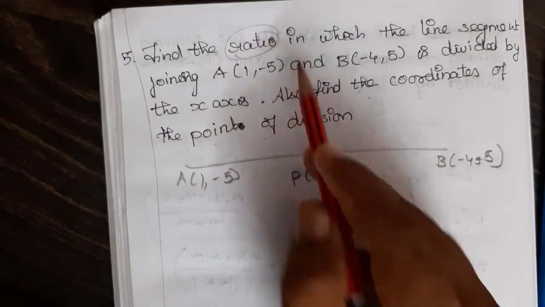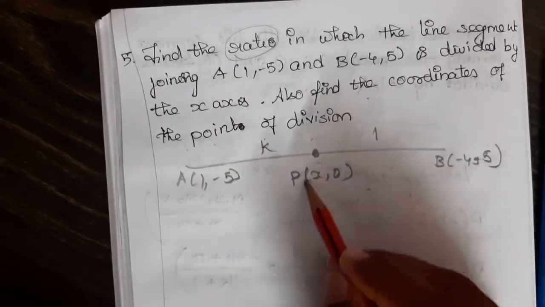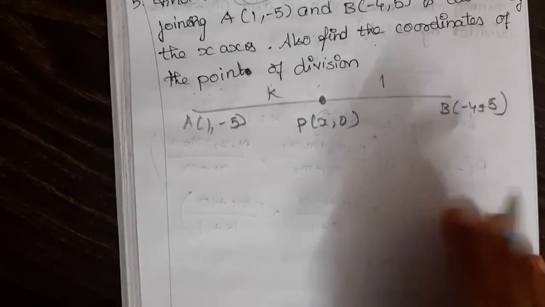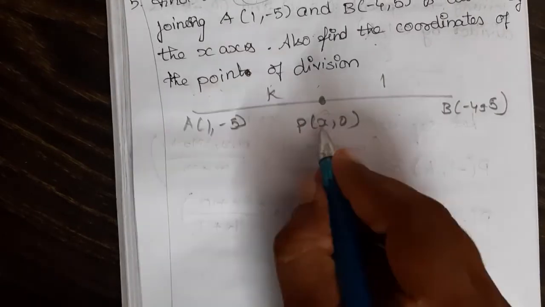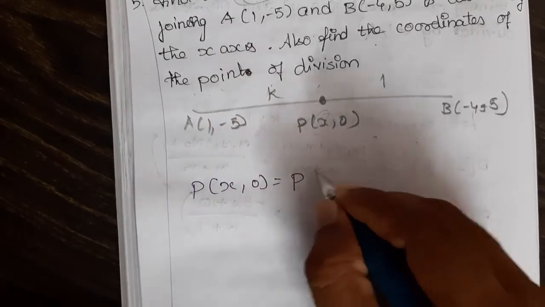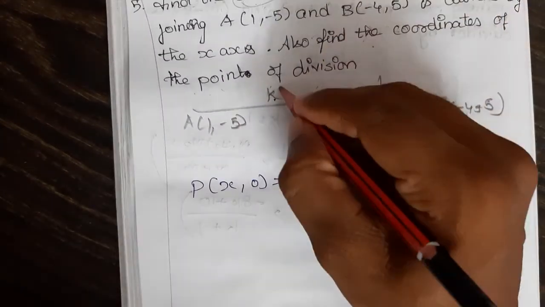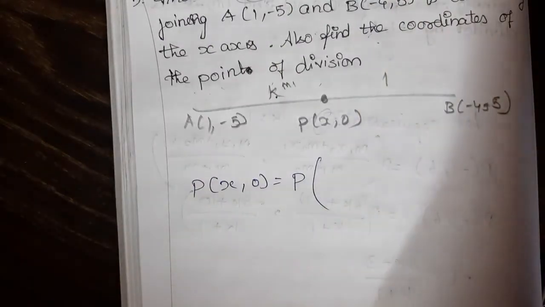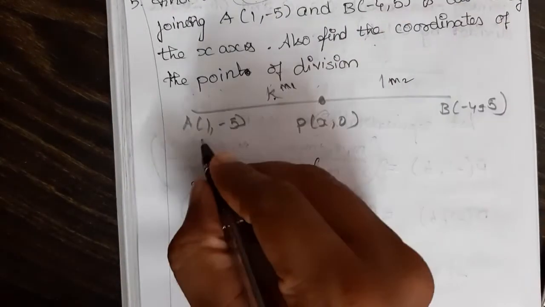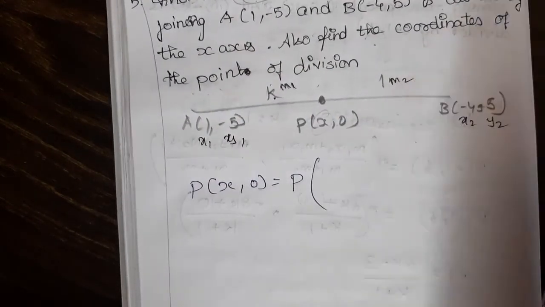First you have to find the ratio, so let me consider k is to 1, and they want to find the coordinates. The coordinates of the point means the value of x, right? So by the section formula, the point P of x comma 0 is equal to, and k, this is the m1, let me write in the black one for the difference, m1, m2, x1, y1, and this is x2 and y2, right?